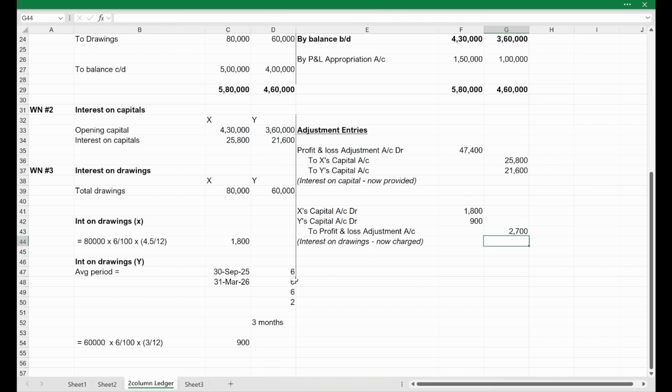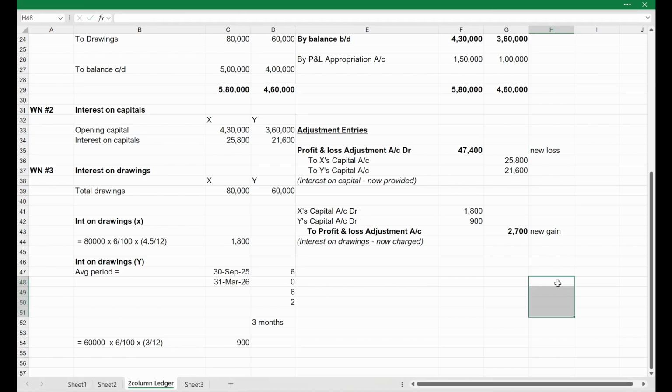Right, now this P&L adjustment debit has created a new loss for the firm. This P&L adjustment credit has created a new gain for the firm. Now if you have to offset both of these and find out the new resulting divisible loss or divisible profit, let me quickly show.